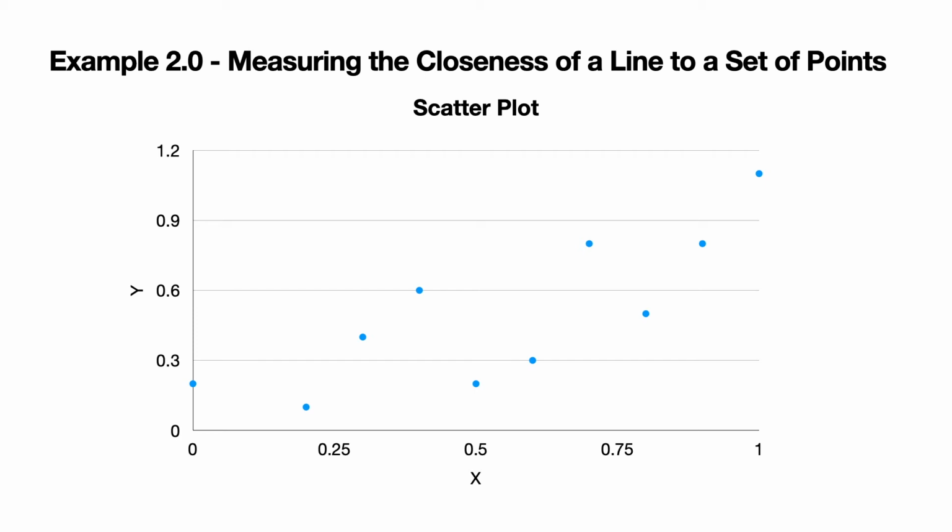The distance between 2 points is well defined and is given by the Euclidean distance between the points. Given that a line consists of an infinite number of points and has infinite extent, how can we measure the distance from a point to a line? Now, one approach would be to measure the perpendicular distance from the point in question to the line. However, in regression applications, that's not the approach that we take.